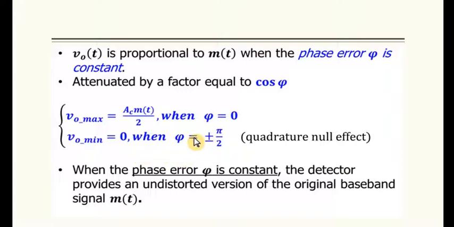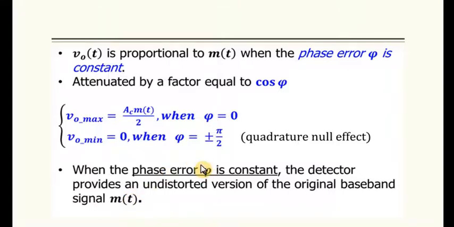If now phi is equal to plus or minus 90 degrees or pi by 2, then we know that cosine pi by 2 is equal to 0. So V out minimum will be 0. This effect we call the quadrature null effect. So when the phase error is constant, the detector provides an undistorted version of the original baseband signal M of t.